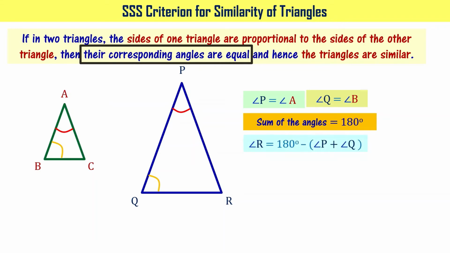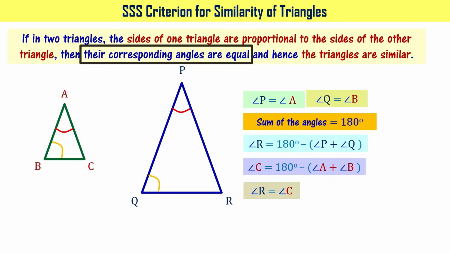It means angle R can be written as 180 degrees minus (angle P plus angle Q). Similarly, if I consider triangle ABC, I can write angle C equal to 180 degrees minus (angle A plus angle B), right? Since angle A equals angle P and angle Q equals angle B, if I substitute those two relations into either of these equations for angle R and angle C, I can get angle R equal to angle C.